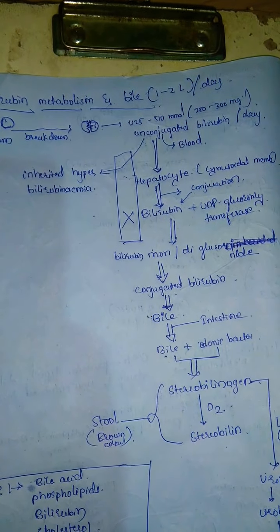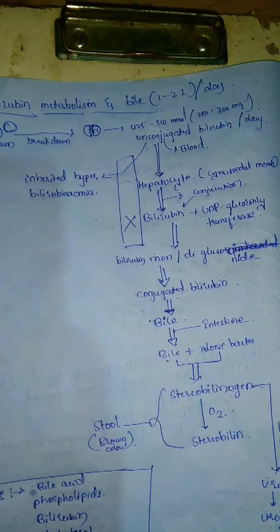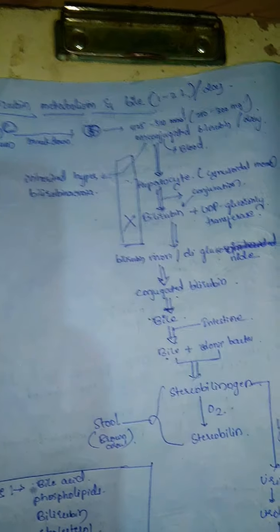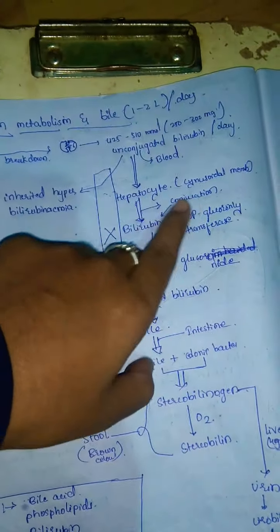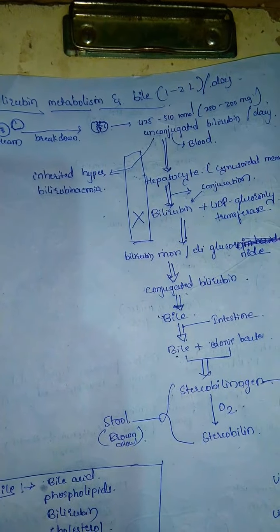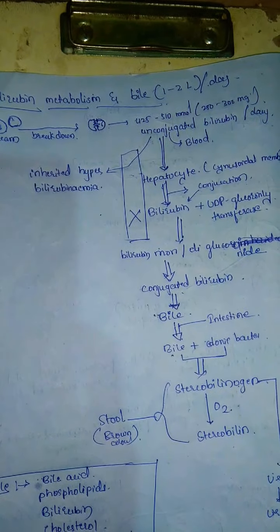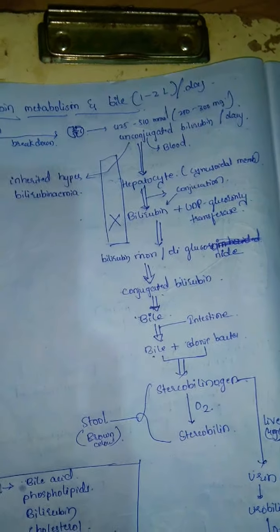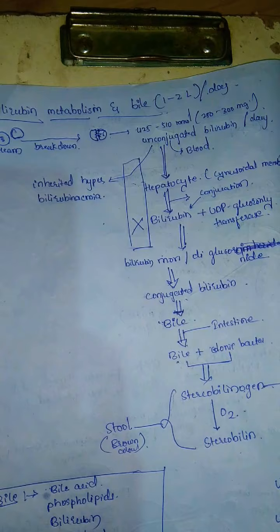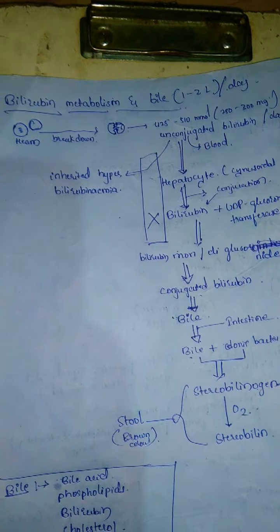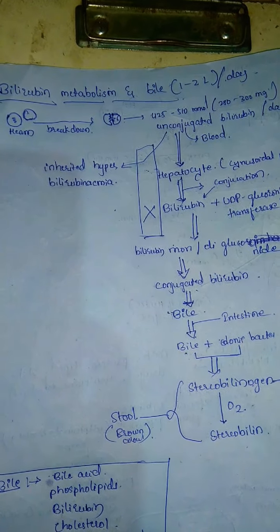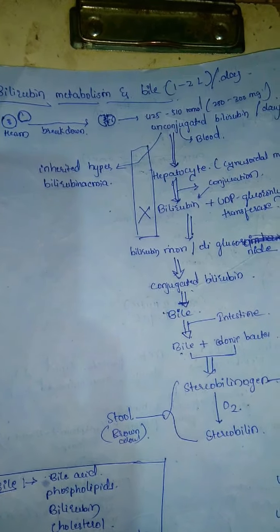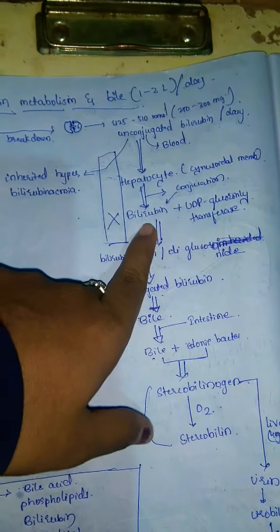The unconjugated bilirubin is taken up by the hepatocyte at the sinusoidal membrane, where it is conjugated in the endoplasmic reticulum by UDP glucuronyl transferase.